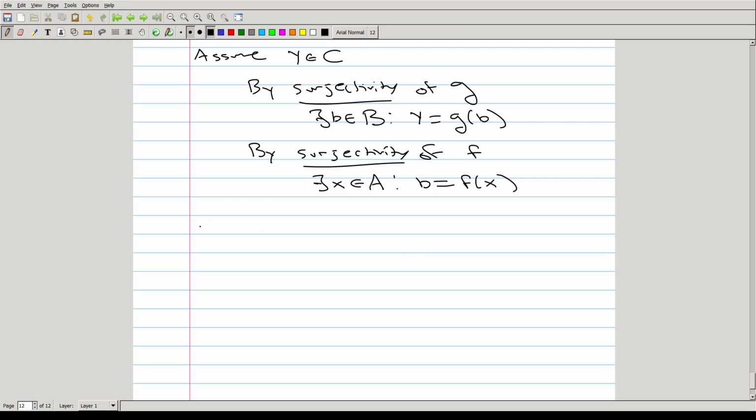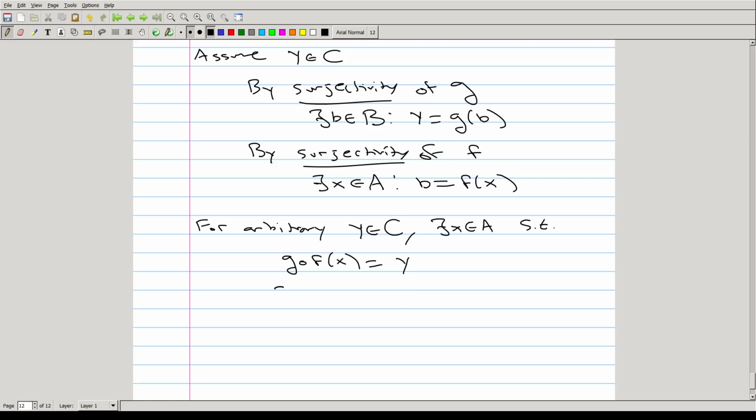So this means that for arbitrary y in C, there exists an x in A such that g composed with f of x is equal to y.